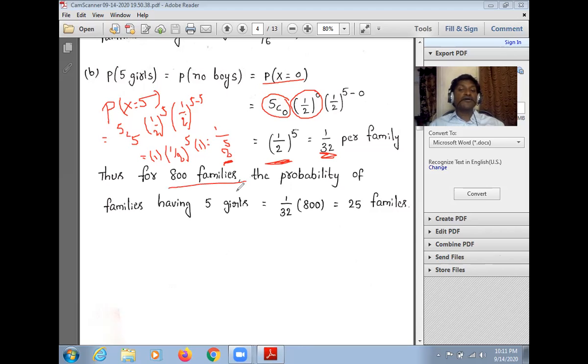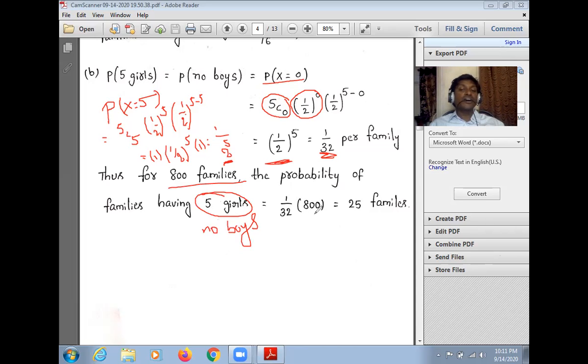Thus for 800 families, the number of families having 5 girls, or simply the same we can write here, having no boys. Okay, at a time we are covering two things here. If they ask 5 girls or no boys or x is equal to 0, simply you can write the same thing.